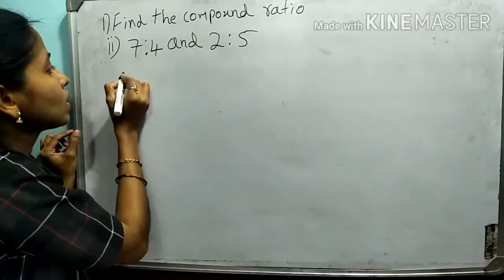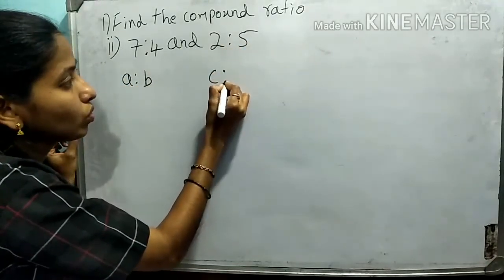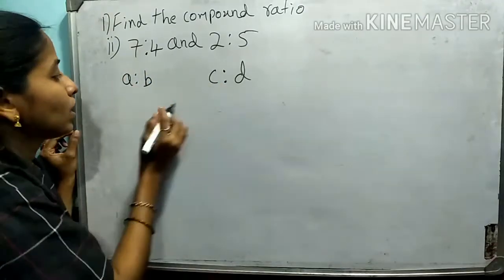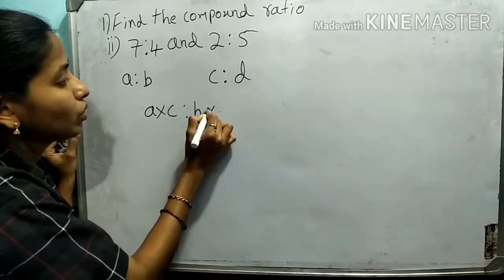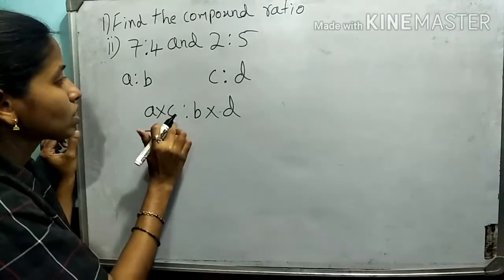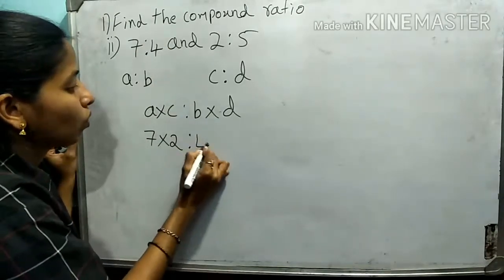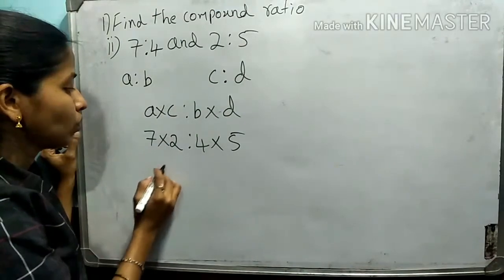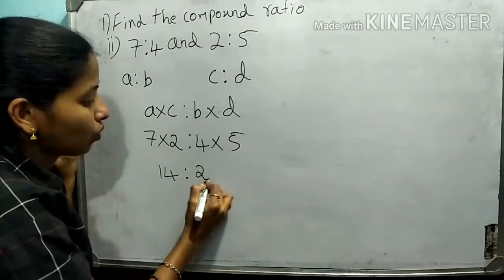Here 7 is to 4, consider A is to B, and 2 is to 5, it is C is to D. So compound ratio A into C is to B into D. So here A 7 into C 2 is to B 4 into D 5. So 7 2s are 14 is to 4 5s are 20.